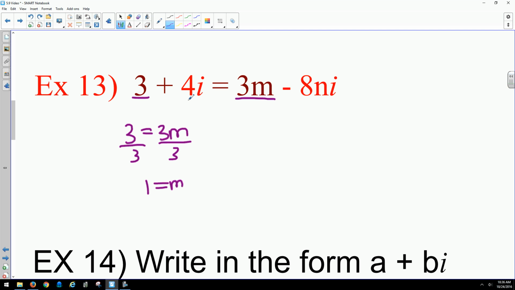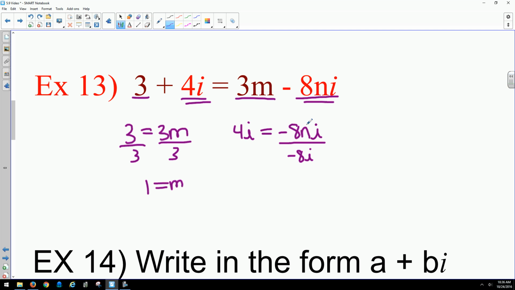Then I'm going to take the imaginary part of this complex number and set those equal to each other. So I have 4i is equal to negative 8ni, and I want to solve for n. And so what I'm going to do is divide both sides by negative 8i. Do you see why?